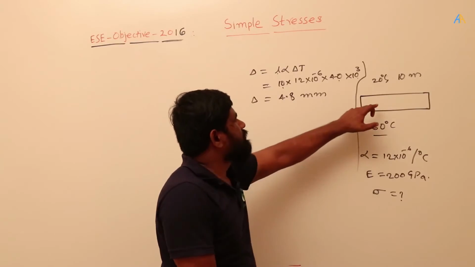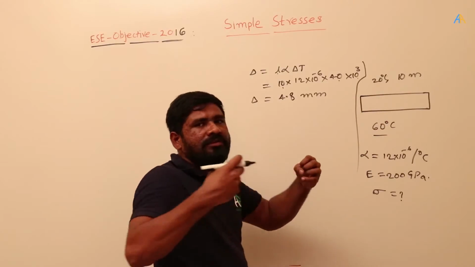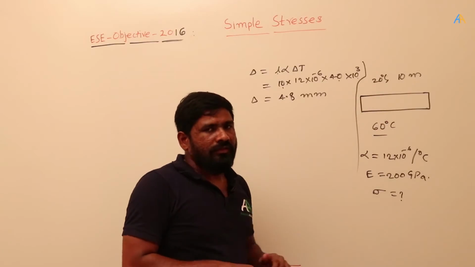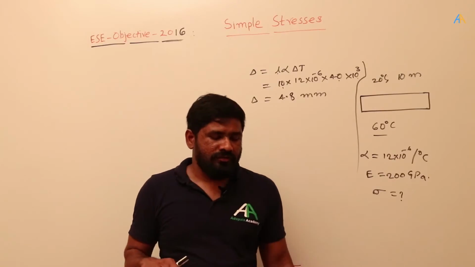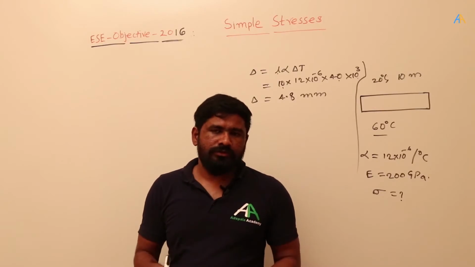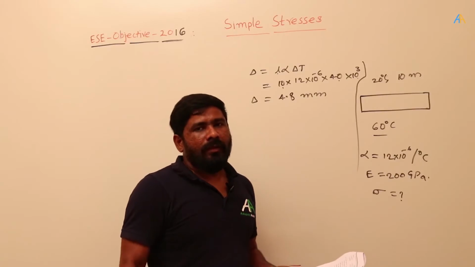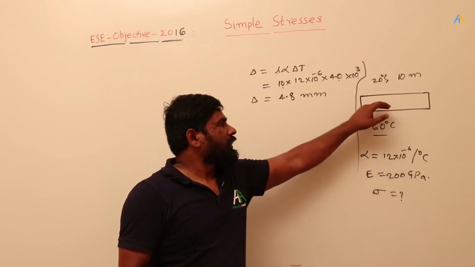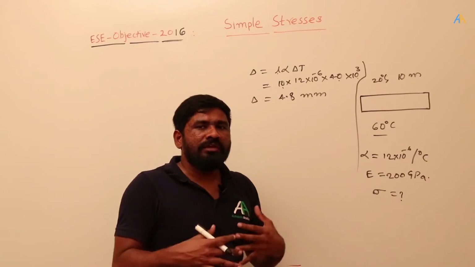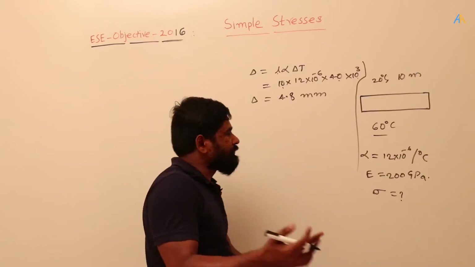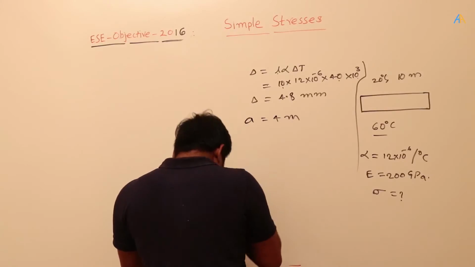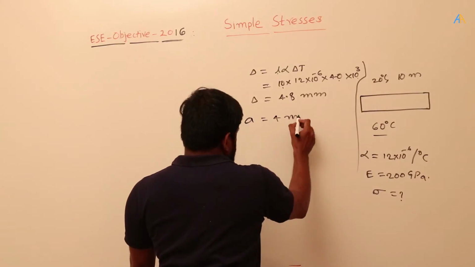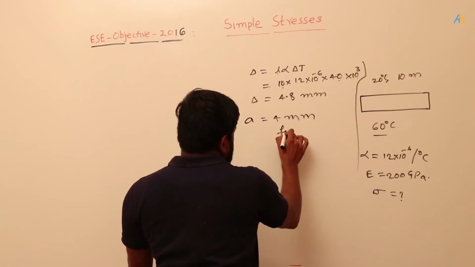When the temperature of the body is raised, that much it got elongated. But here there is a twist in the problem. What is that? We already discussed it while dealing with the theory. The body, when it is trying to elongate, we allowed it for 4 mm free expansion.